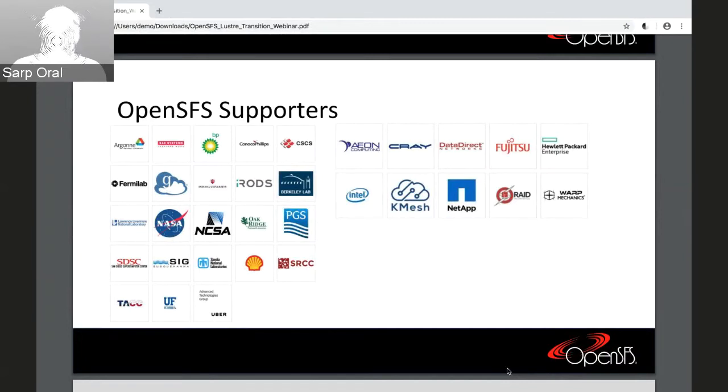So we have a healthy representation. And from the vendor side, you see HPC vendors, storage vendors. So we are growing, and this is getting healthier by the day.